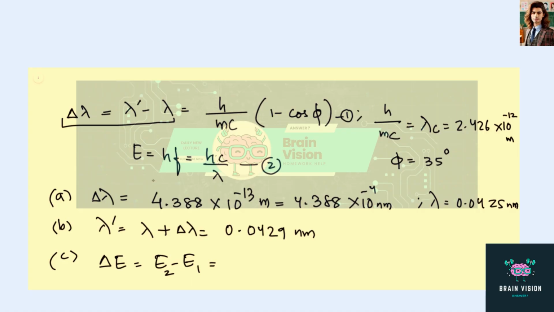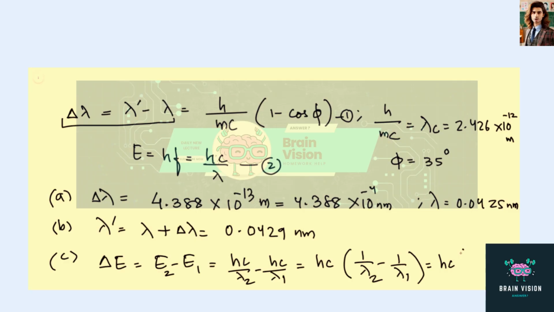Now we will use this equation for each of these energies. So we have hc over lambda 2 minus hc over lambda 1, that is equal to hc times 1 over lambda 2 minus 1 over lambda 1, and lambda 2 here is wavelength of the scattered photon, so that is lambda dash, and lambda 1 is wavelength of the incident photon or the original photon, so that is equal to lambda.